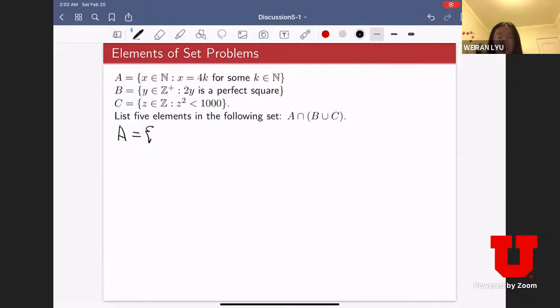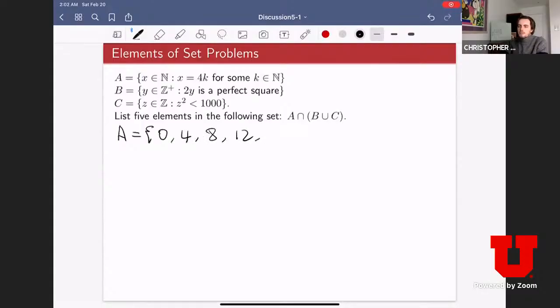So anyone who wants to give a shot at the first 5 or 6 elements in A? Would just be multiples of 4, so 0, 4, 8, 12, 16, 20. Exactly. And then you just keep going on.